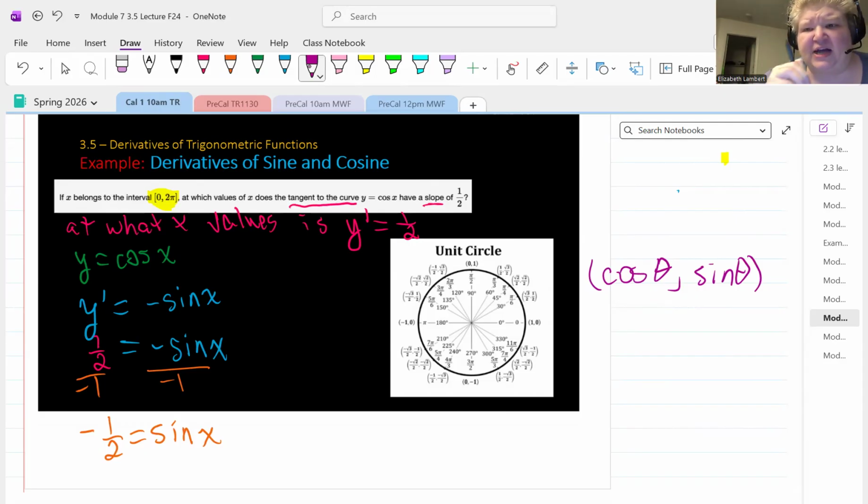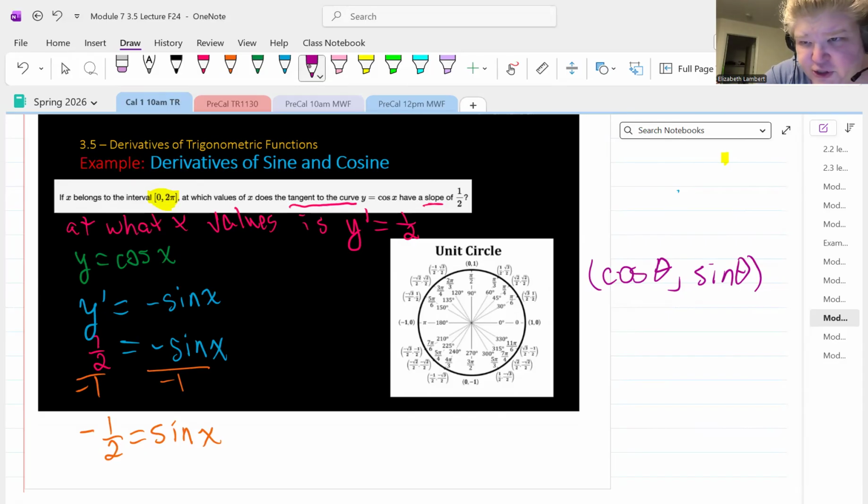The unit circle is actually a non-functional tool. The input on the unit circle is the angle. The output of the unit circle is both of those values, the cosine value and the sine value. One input, two outputs violates the definition of a function, but it is a very useful math tool once you understand that dual nature. So we're looking for, where are the y values -1/2?